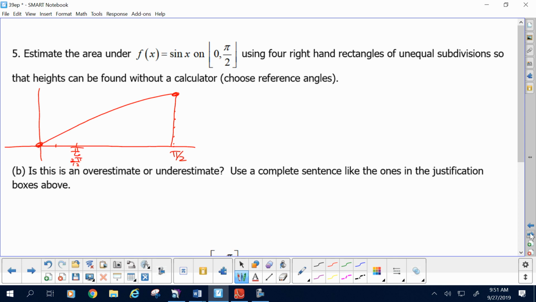And then pi over 4 is next, and that's 3 pi over 12s. And pi over 3 is 4 pi over 12s. So it feels unequal, and then 5 pi over 12s we're not using, and then 6 pi over 12s is pi over 2, right? So we're getting very unequal bases, 2 really partial bases.